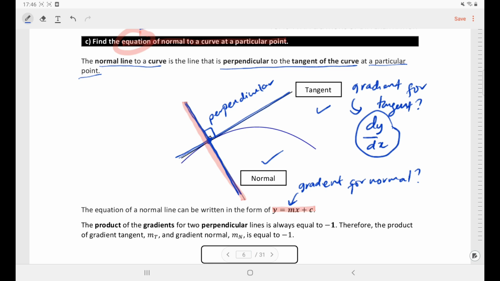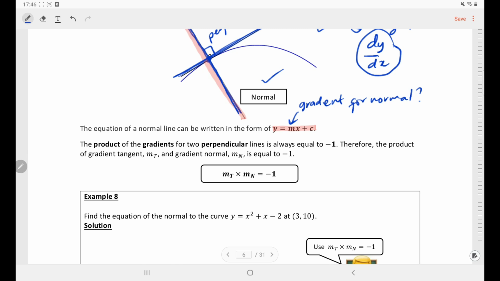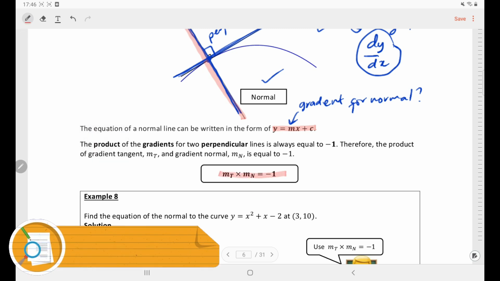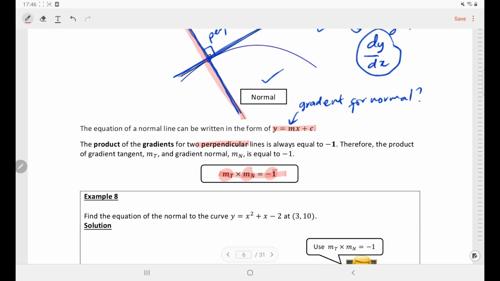Disebabkan kita tahu dia adalah perpendicular dengan tangent, jadi kita akan perkenalkan lagi satu persamaan kepada awak, iaitu mt, gradient of a tangent, darab dengan mn, gradient of a normal, is actually equal to -1. Kenapa sama dengan -1? Sebab dia adalah perpendicular.